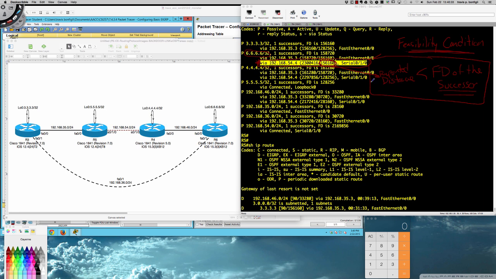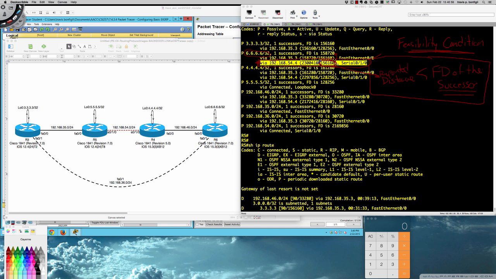So that's all you've got to check: is the reported distance less than the feasible distance of the successor? If this is true, then the route gets installed into the topology table.